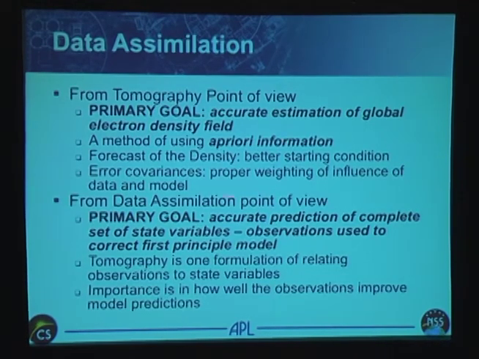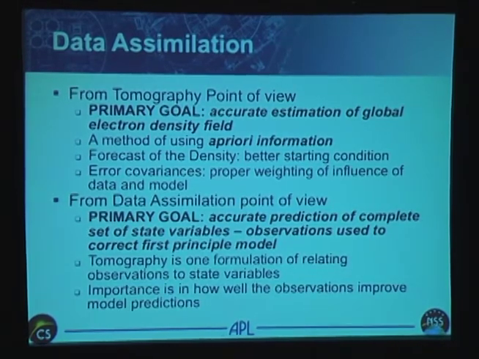But the goal is this. From data assimilation, the primary goal is to improve the models. You want to have a model that can predict the state of the ionosphere and the thermosphere, for example, accurately for a variety of reasons, science and applications. And the purpose of the data, any data, whether it's tomographic data or anything else, is to help the model, to nudge it in the right direction, to improve it.